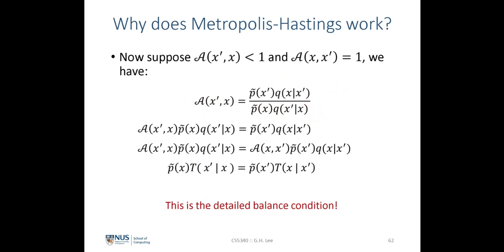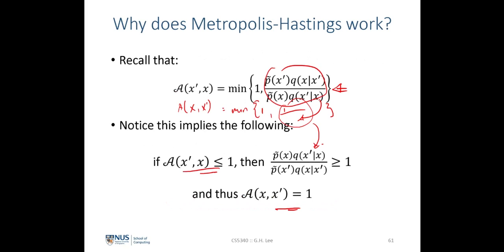Now suppose that a of x prime and x is less than 1 and a of x and x prime equals 1, which is what we defined earlier. We have this acceptance criterion of x prime and x equal to this condition, as we have seen earlier in this slide.